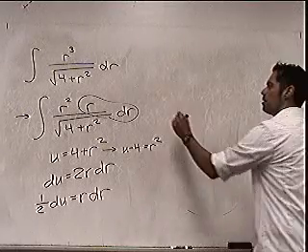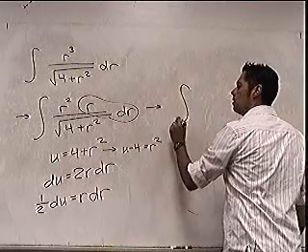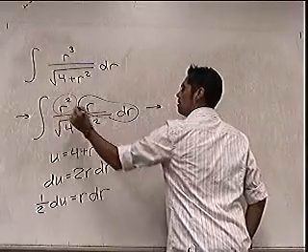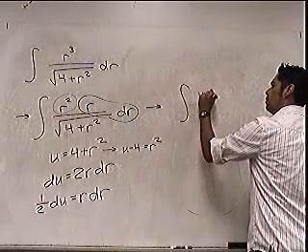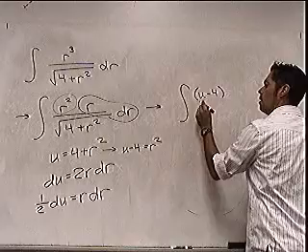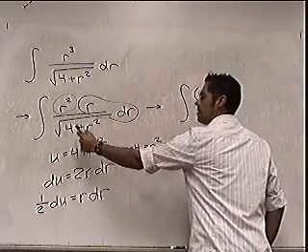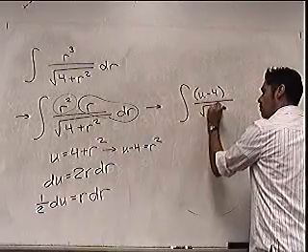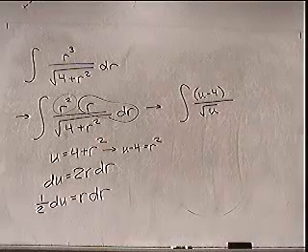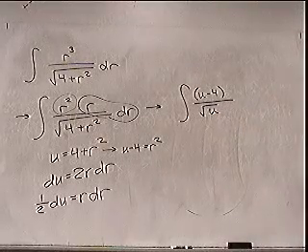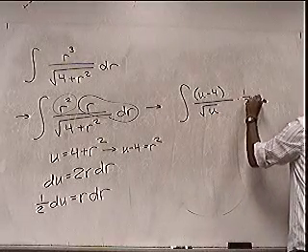So what does this integral become? Integral, what's r squared? U minus 4 over, what's this? Square root of u, right? Yep. And then what's r dr? Is 1/2 du.